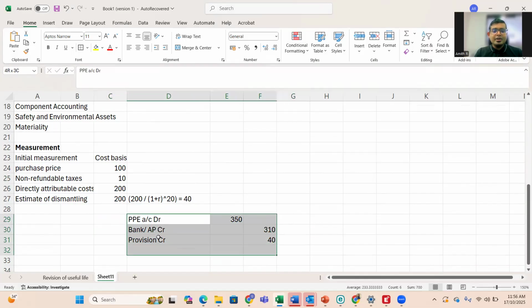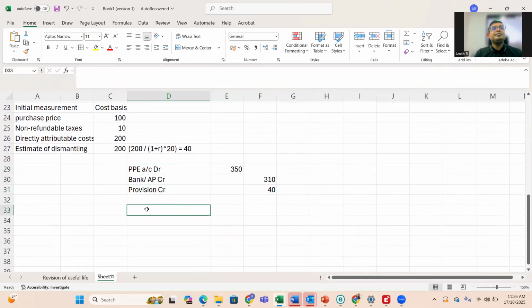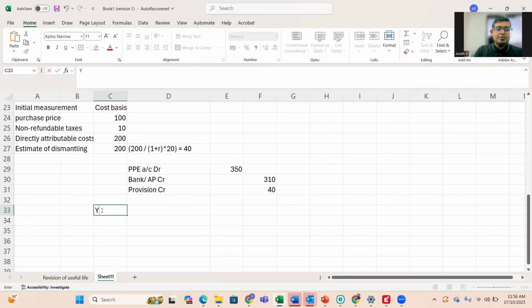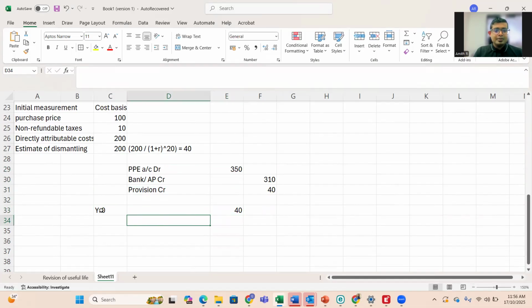We will not be recording any amount of this dismantling cost in my initial entry. But what happens to the provision in year one? For year zero, my provision amount is 40, correct? Now year one, what will I do?